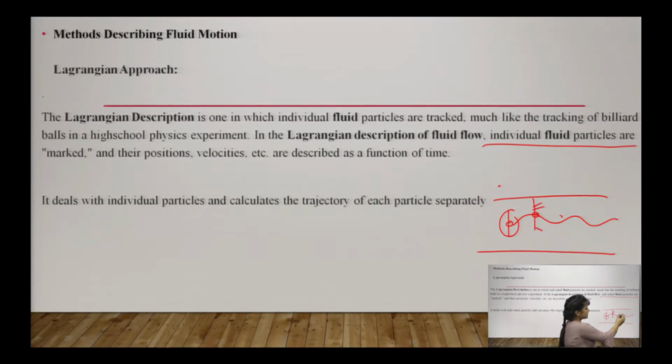Next moment, when the fluid particle moves to another place, we again calculate the velocity, pressure and density of that particular particle. Or you can say individual particles are being traced together with the fluid parameters involved, and hence a separate sheet is prepared to calculate the summation of that, the motion of the fluid.